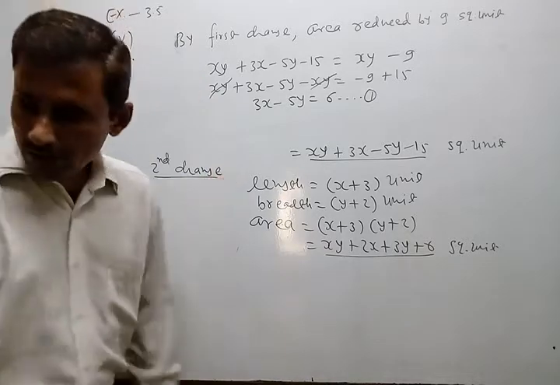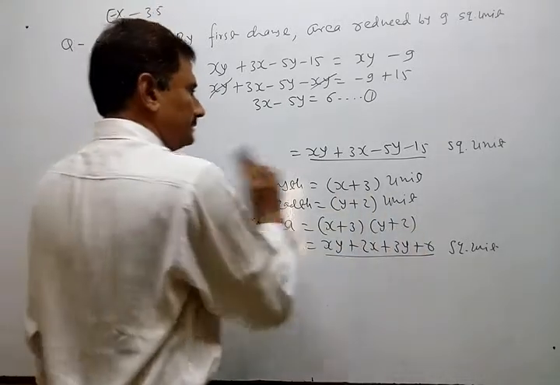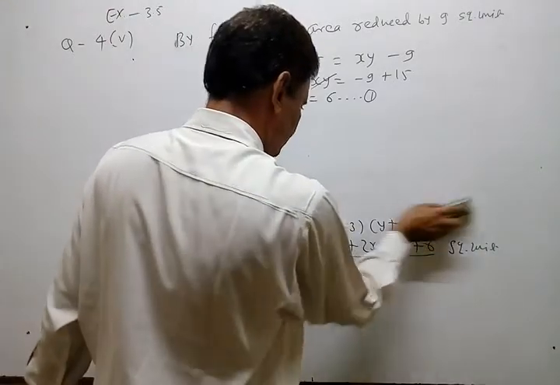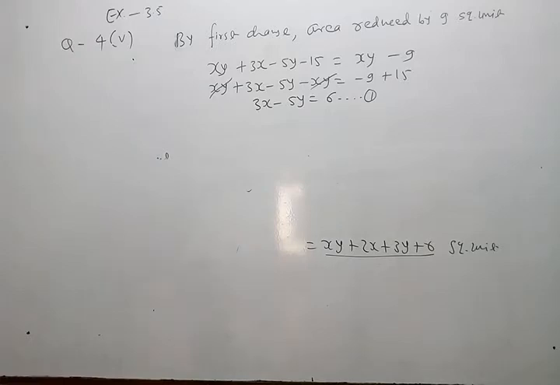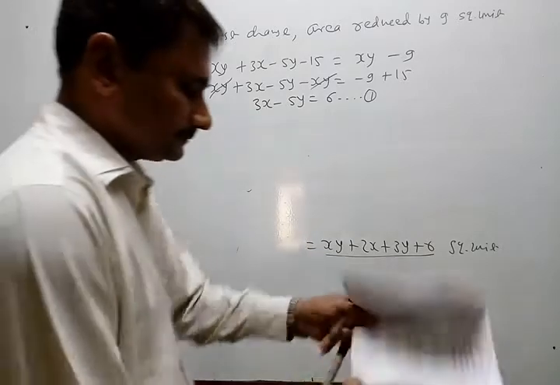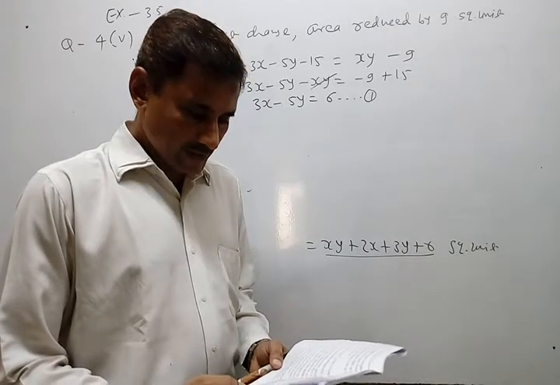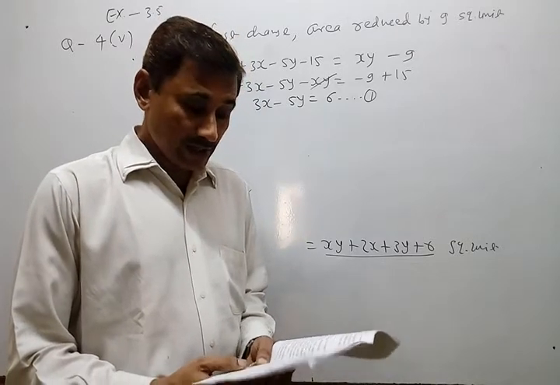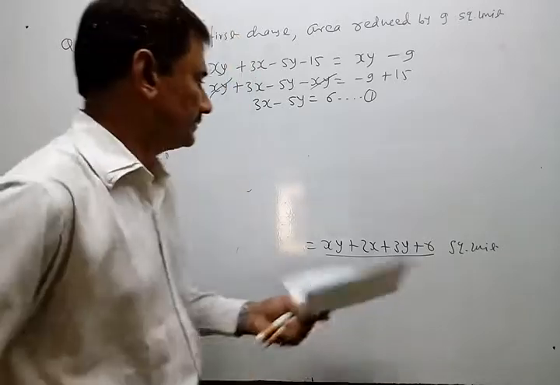Now look at the second statement. What happens there? If we increase the length by 3 unit and breadth by 2 unit, the area increased by 67 square unit. Now the area increases, not decreases.